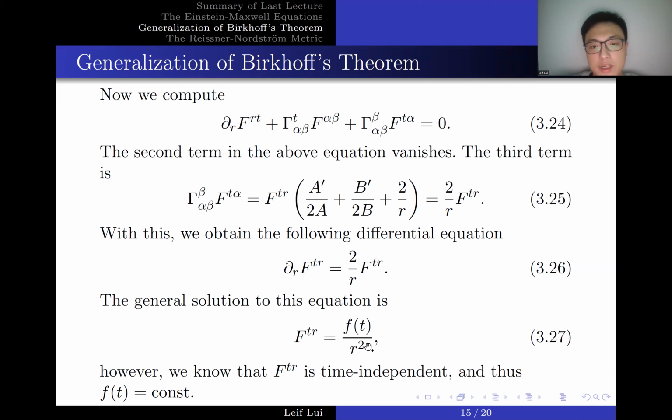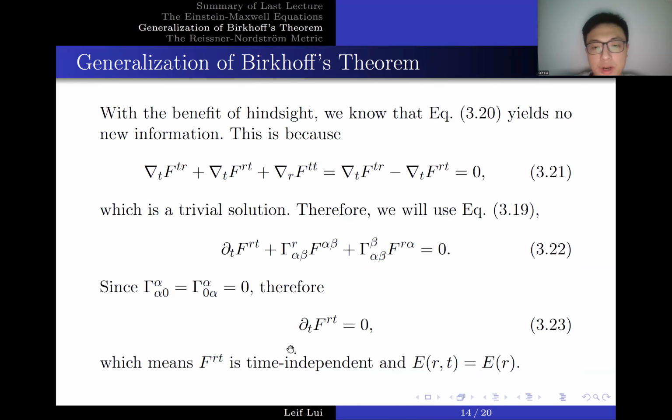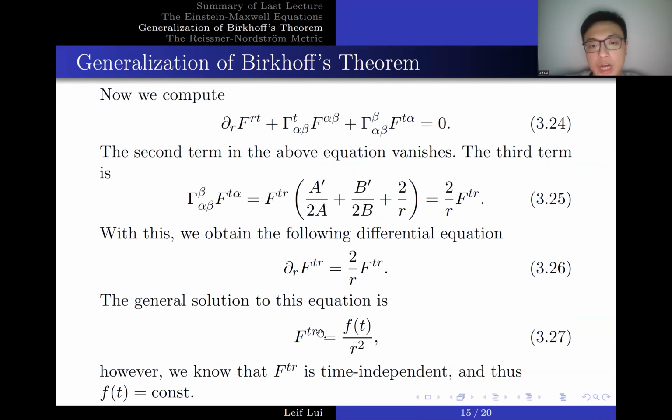So we get FTR is equal to some arbitrary function over r squared. But we did prove before, right here, that FRT and FTR are both time independent. Thus we know that FT must be a constant.